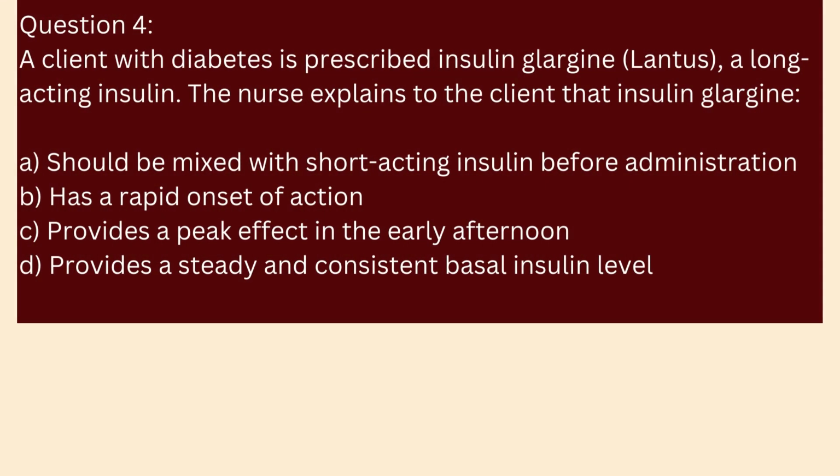Question 4. A client with diabetes is prescribed insulin glargine, Lantus, a long-acting insulin. The nurse explains to the client that insulin glargine A. should be mixed with short-acting insulin before administration. B. has a rapid onset of action. C. provides a peak effect in the early afternoon. D. provides a steady and consistent basal insulin level.